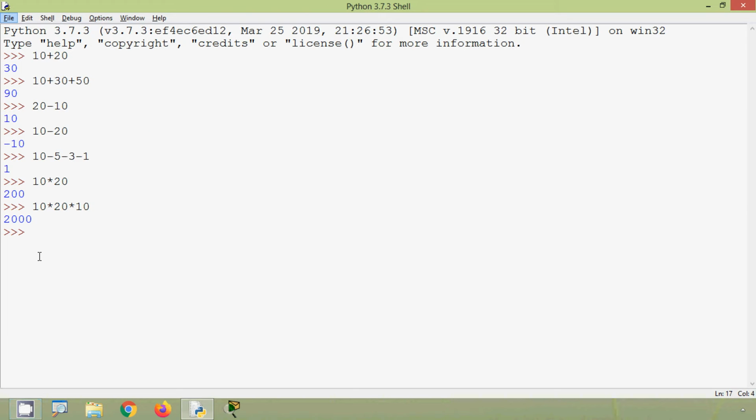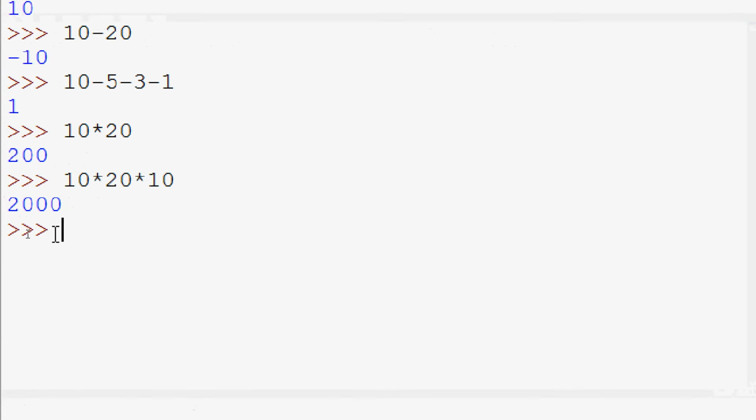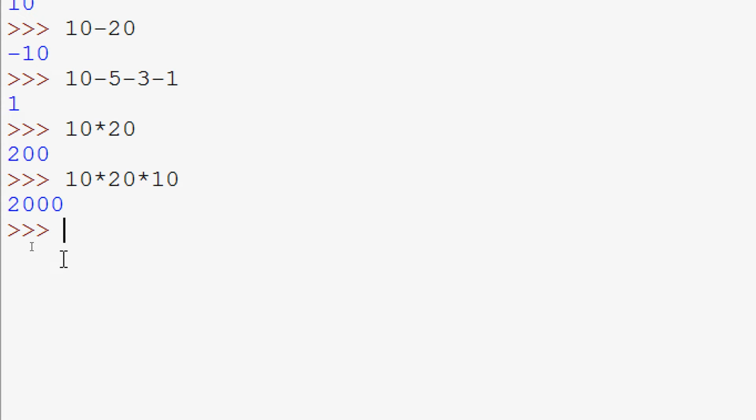Next is division. Division means divide values on both sides of the division operator. We will see some examples for that. It's quite easy. 10 divided by 20. So here we can see the answer, it's 0.5. Or even we can give 20 divided by 5. Even we can try with a negative number.